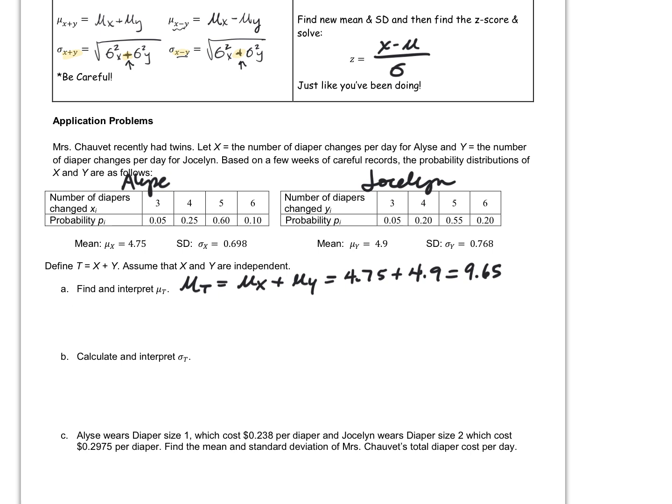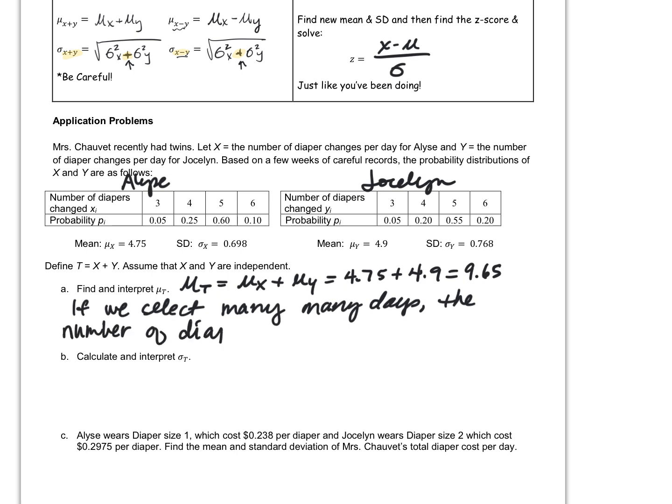Okay, so we would say if we select many, many days, the number of diapers used is 9.65. Now, can you use 0.65 of a diaper? No, but since it's a calculation, we leave it in decimal form.